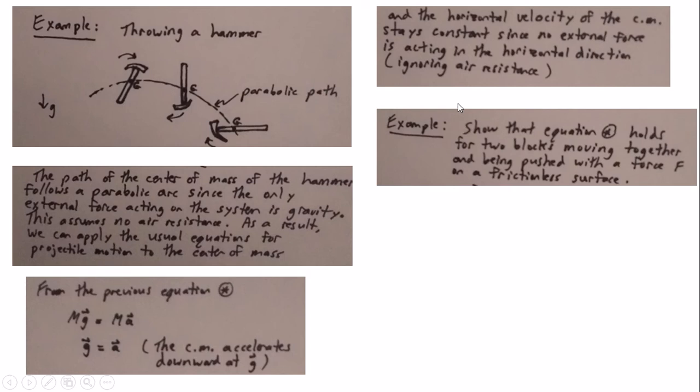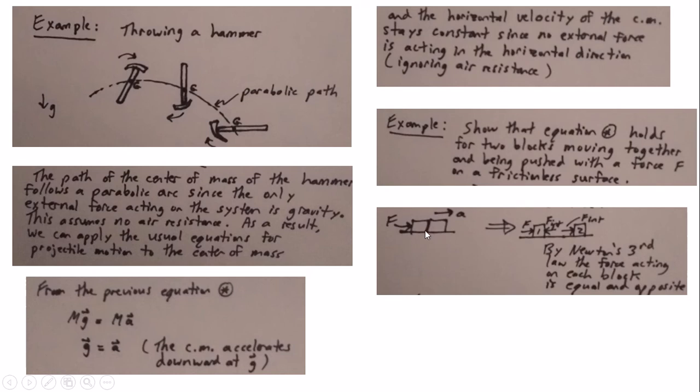Now let's look at a simple example. Show that the equation star holds for two blocks moving together and being pushed with a force F on a frictionless surface. Again, there's no friction force on this surface, and you can assume it's a horizontal flat surface.